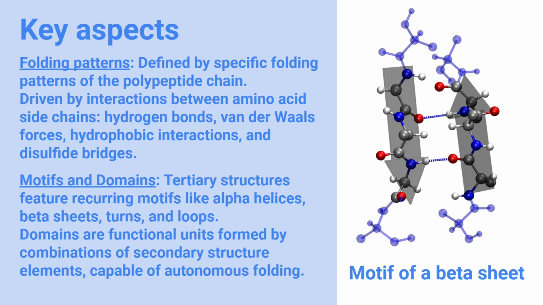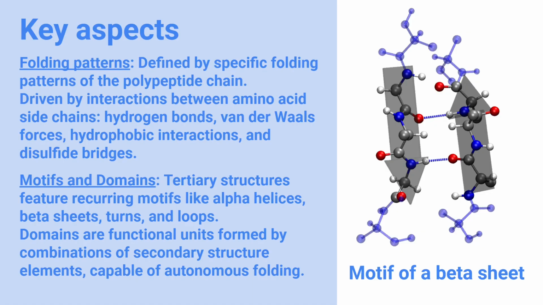Proteins, in fact, often include recurring structural motifs such as alpha helices, beta sheets, turns, and loops. These motifs represent common folding patterns observed in proteins and contribute to the overall structure and function. Domains are distinct structural units within a protein that possess specific functions or activities.